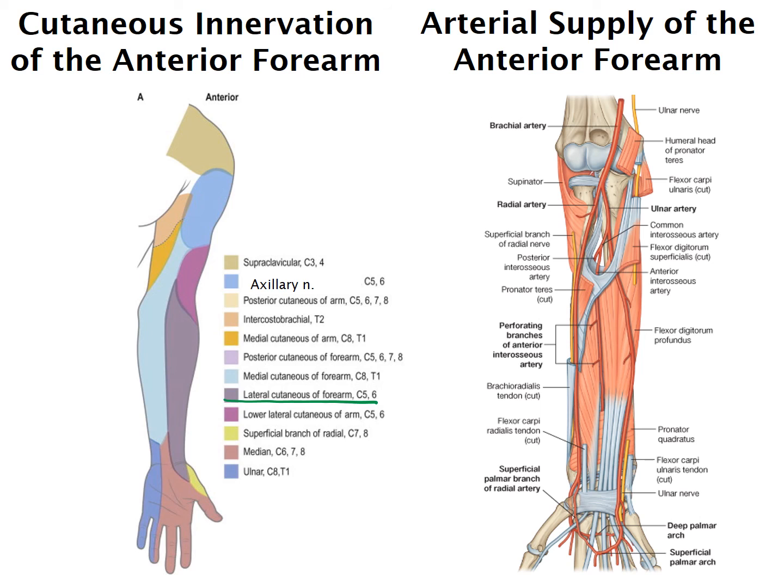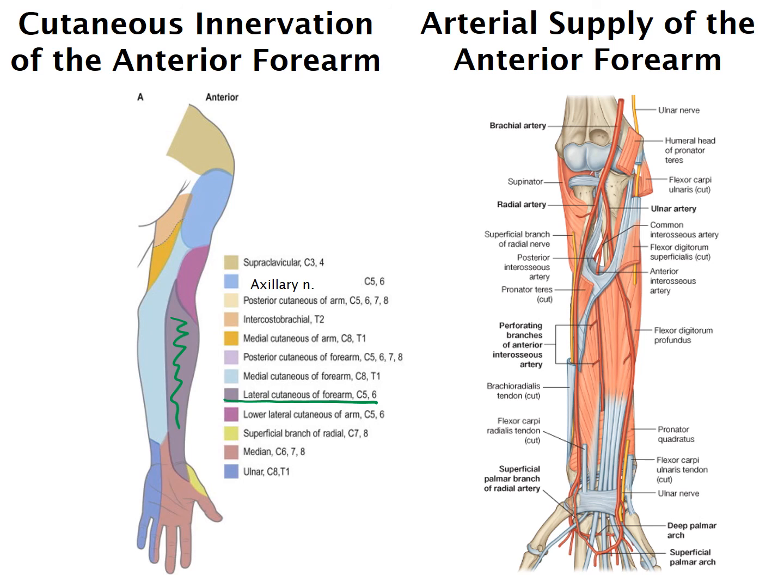The area of skin indicated here in purple represents the distribution of the lateral cutaneous nerve of the forearm. And because the musculocutaneous nerve arose from C5 and C6 levels, so too does the lateral cutaneous nerve of the forearm.